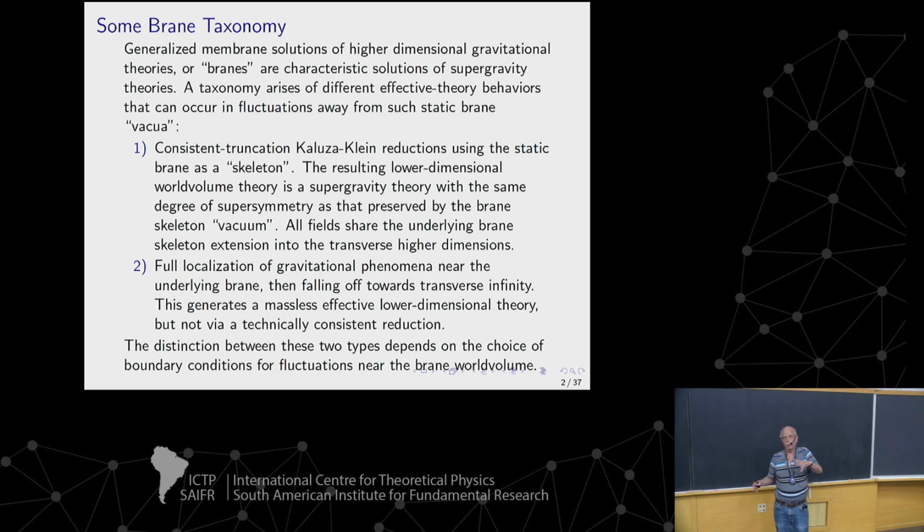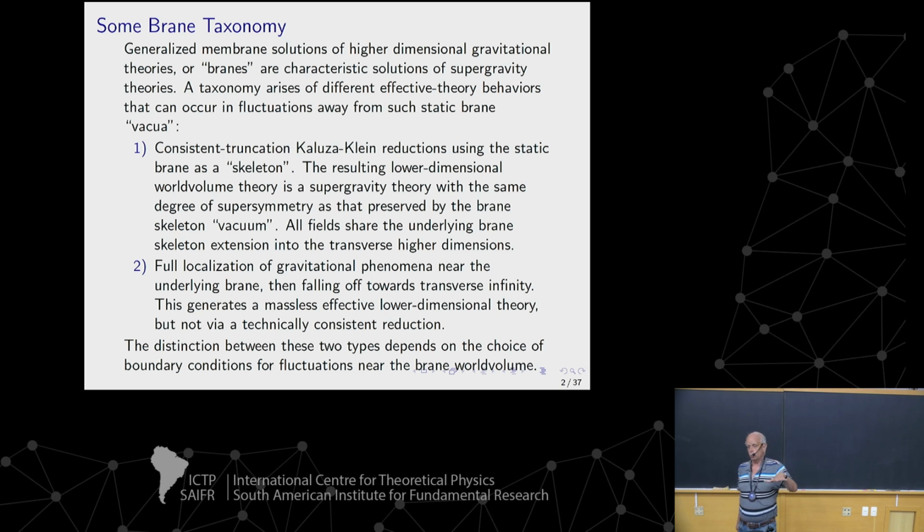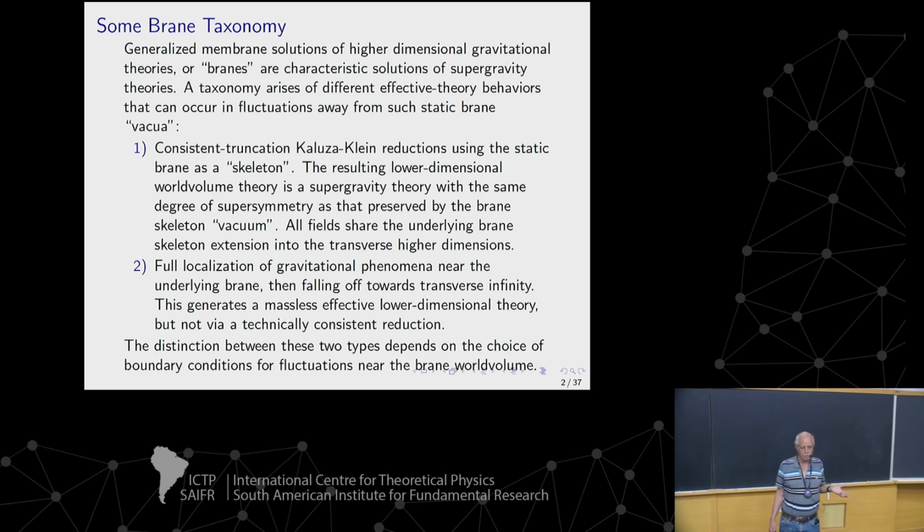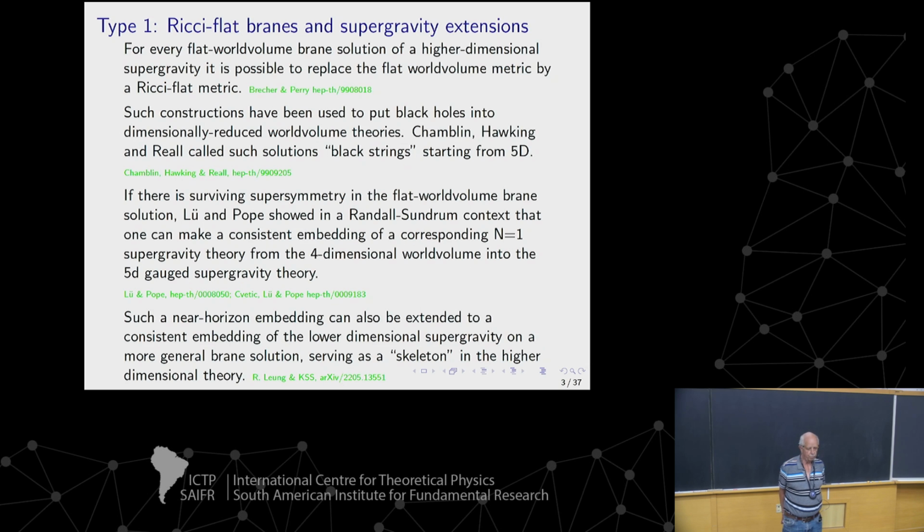This will not be a consistent truncation. That means that this type of setup eventually uses the entire higher dimensional theory, but it can have behavior that localizes and looks effectively, at least for a certain range of energies, like a lower dimensional theory. So there's differences between these two setups. Okay, so that depends upon the choice of boundary conditions for fluctuations.